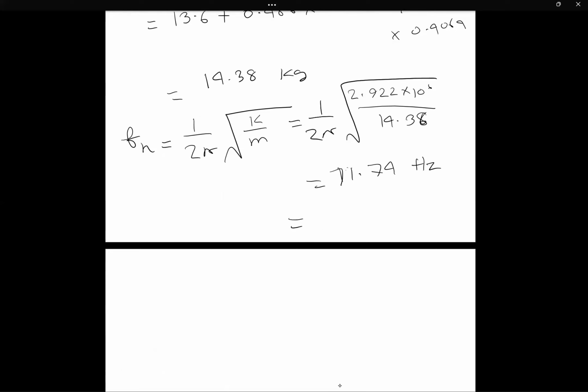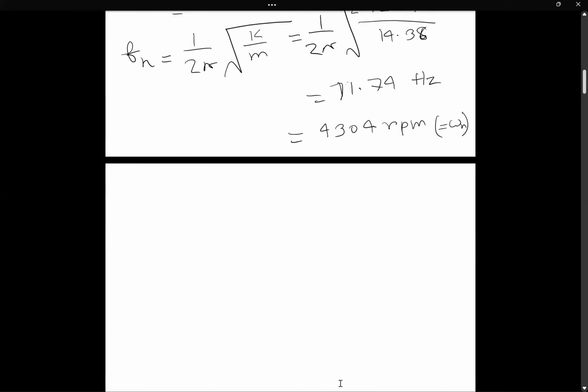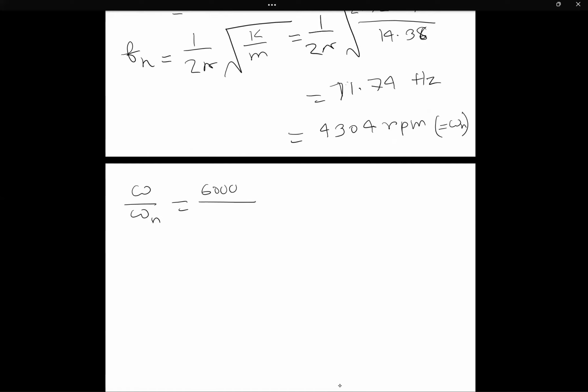Now if I express this in RPM, I get 4304 RPM, which is our omega n. So now we can say omega by omega n: omega was given as 6000 and omega n we found to be 4304, so the ratio is 1.394.